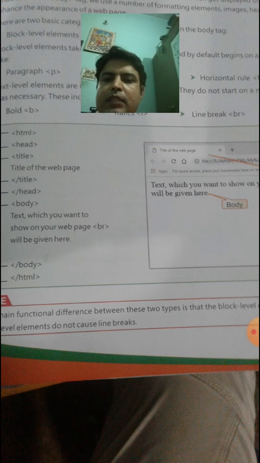As I have stated earlier, the head tag consists of the title tag only. In the title tag, we define the title of the web page, like as given here, title of the web page. This text is the title of this coding.